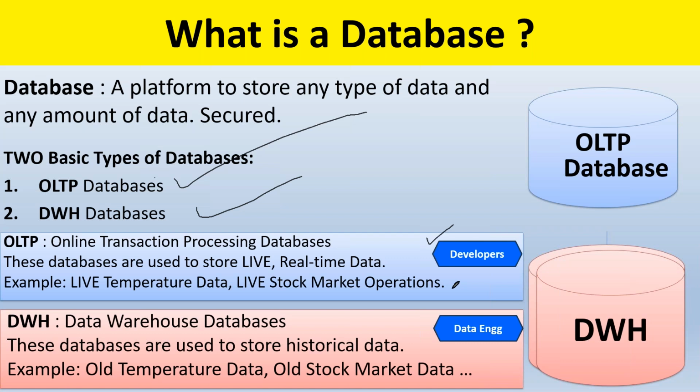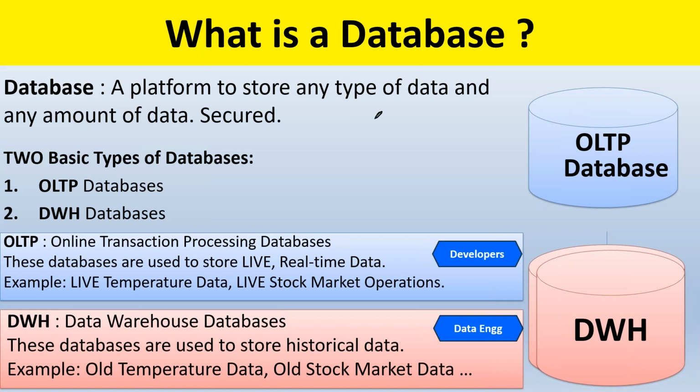We, Fabric data engineers, are involved in the data warehouse. These warehouse databases are used to store historical data: old, inactive, and stale data, which we call cold data. So active data goes to OLTP, cold, inactive data goes to the data warehouse. Two different databases we need to work with.